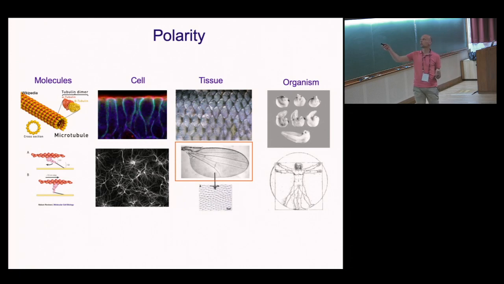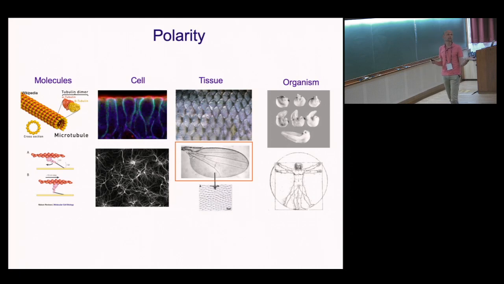But then polarity is also obvious at the tissue level. So, for example, think about the scales in a fish that are all aligned along the long axis of the animal, or the famous wing hairs on the Drosophila wing, that if you were to look closely, all point in consistent directions all along the tissue. And then finally, polarity is also obvious at the organismal level, because we generally tend to have a head in front and a tail in the rear, depending on what vertebrate class you belong to.